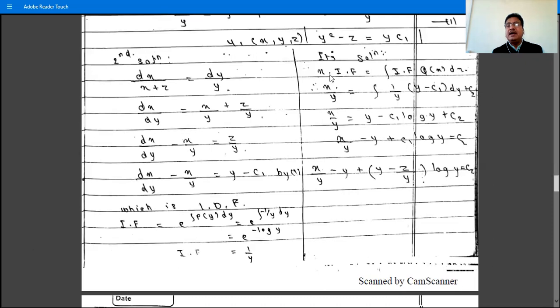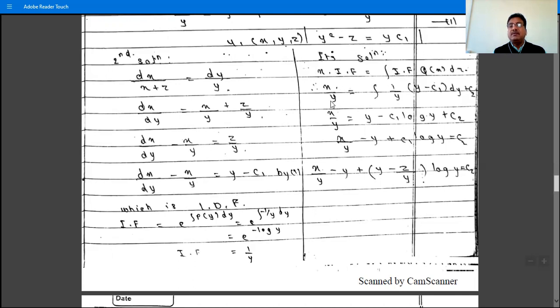The solution is y into I is equal to the integration of I into Qx dx. But here it is a linear differential equation in x and y, so write the formula x into I, that is the integrating factor, is equal to the integration of I into Qy dy plus a constant.